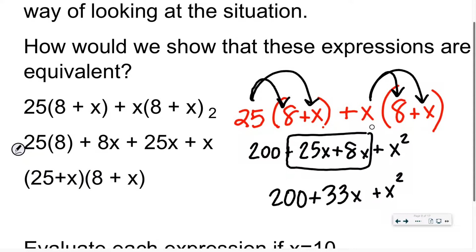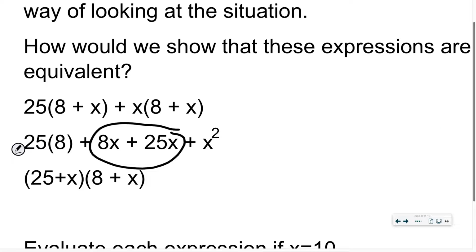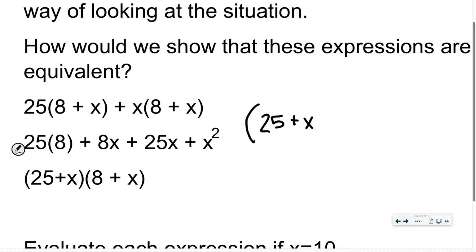Our second option, we actually did it already on the previous slide. We just combined our like terms. So we knew that that was the same. And then the last one, I'm going to erase. This is multiplying polynomials. So you will be doing this in the spring.